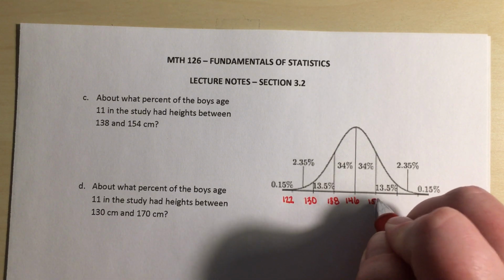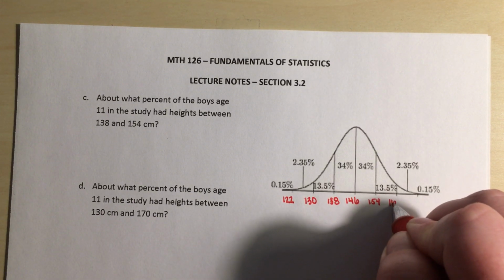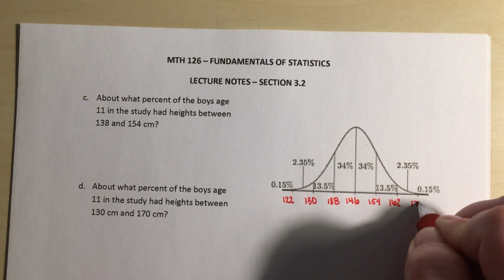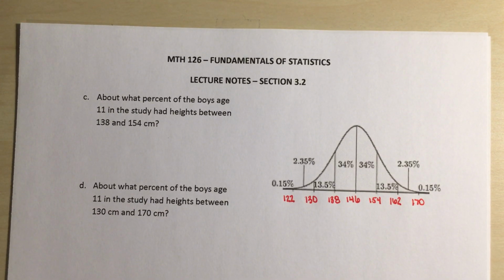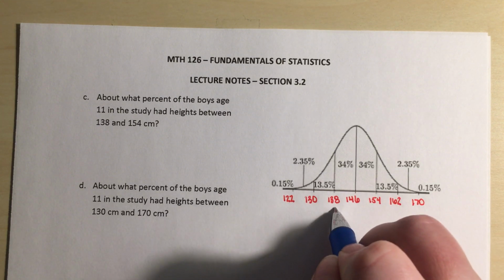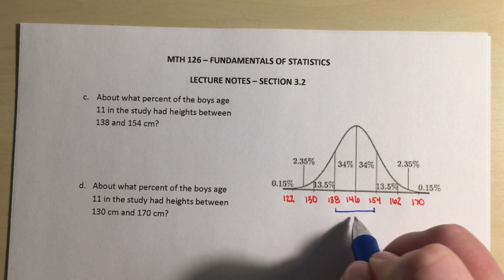We're going to get 154, 162, and 170. And notice that in this little picture we have all of our different percentages broken down by what's in between there. For part C, we're asked between 138 and 154 centimeters. So we're looking at this range right here.